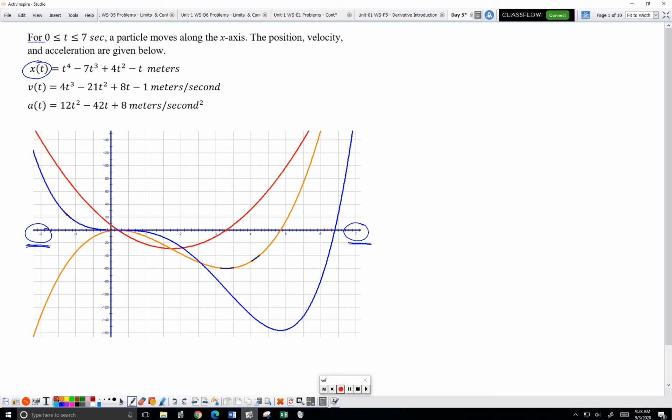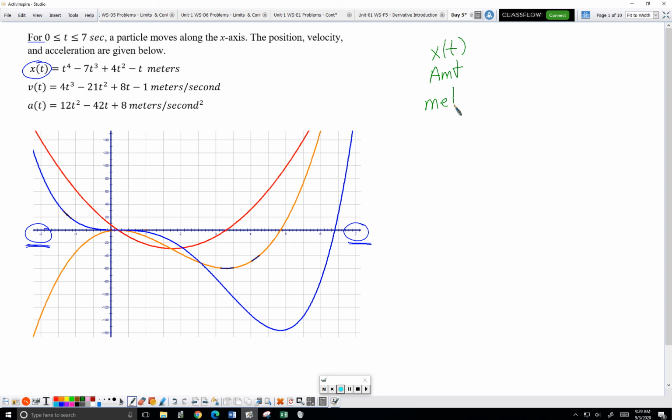You want to put in your packet that when we talk about position, so position is x of t, all year long, I'm going to refer to that as an amount. Okay? It's an amount because it only describes how many meters. The units are just meters.